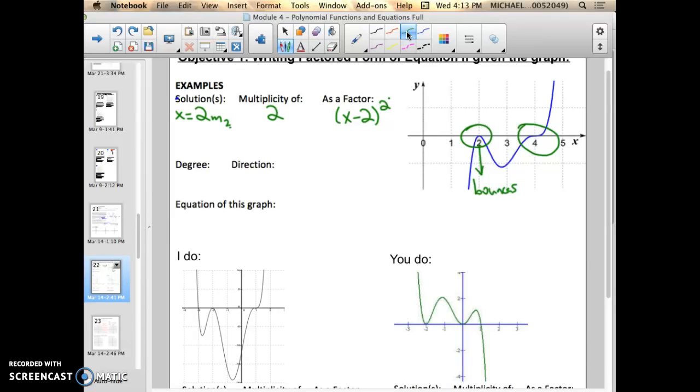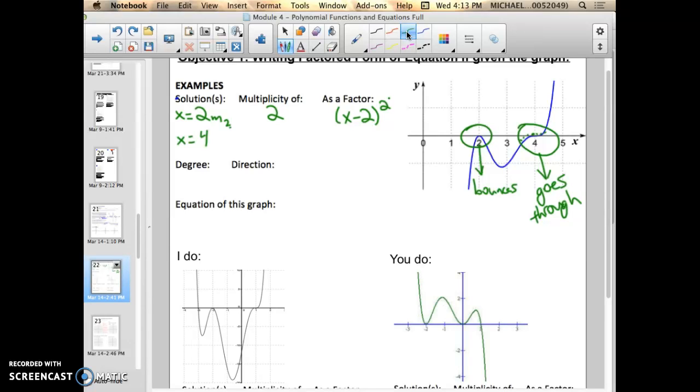The next one is x equals 4. So at x equals 4, it goes through. And if you notice, it kind of does this little wiggle action. It doesn't go straight through, it kind of wiggles and then goes up. And so the point of intersection right here is wider than what we've dealt with.